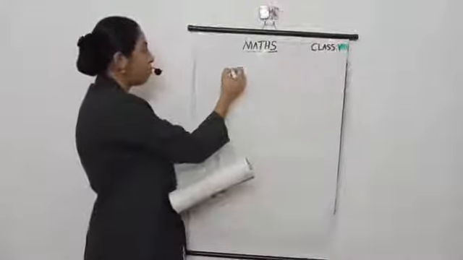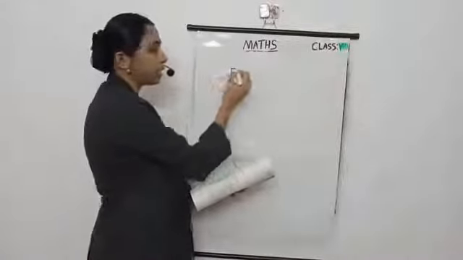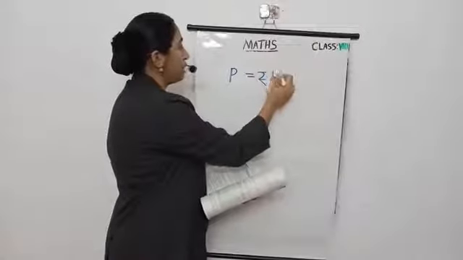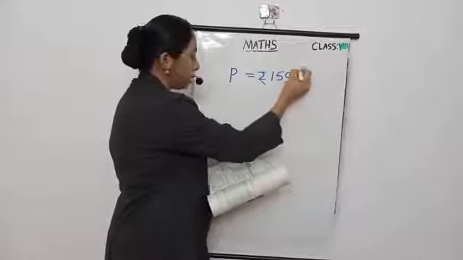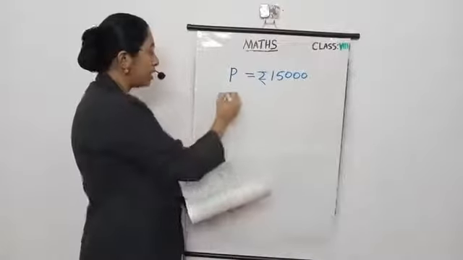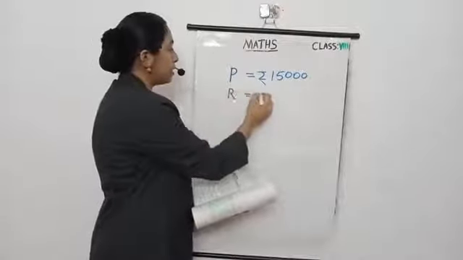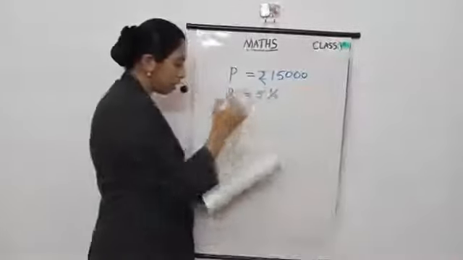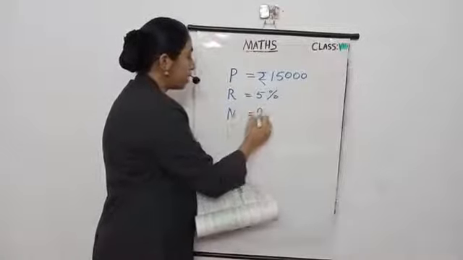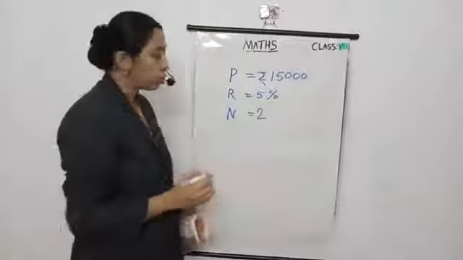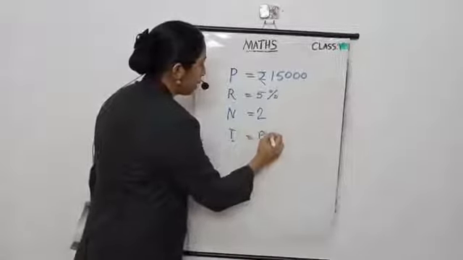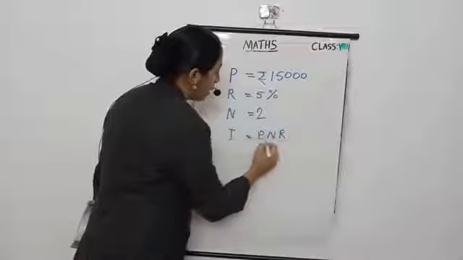So here the principal amount, that is the deposited amount, is rupees 15,000, at 5%, that is rate R equal to 5% per annum, after 2 years, that is n equal to 2. The simple interest formula is I equal to PNR by 100.